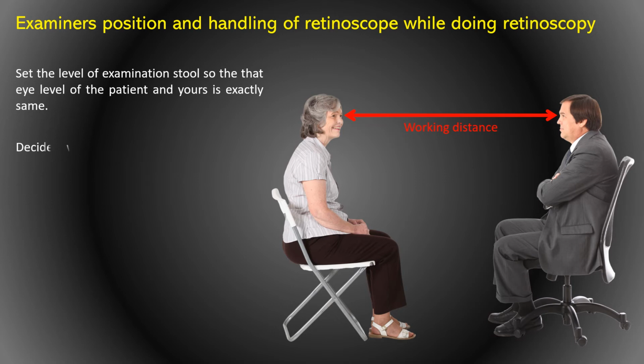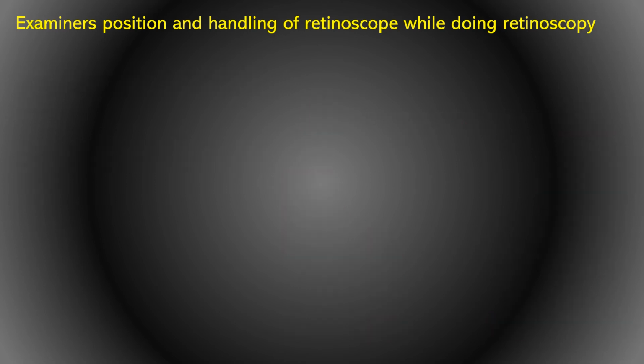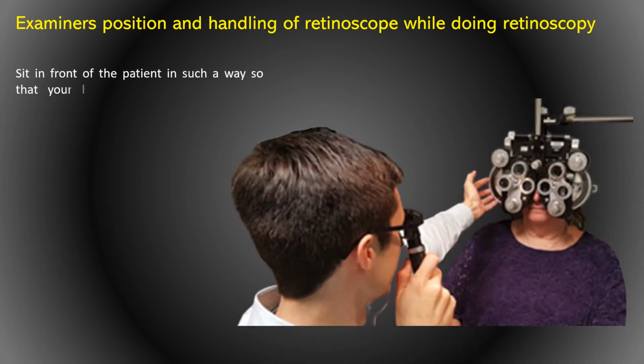Second, decide the working distance as per your convenience between 100 cm and 50 cm. Third, you should sit in front of the patient in such a way that your head does not obstruct the patient's view of the target, and even after sitting, instruct the patient to tell you if the view of the target is blocked in any way.